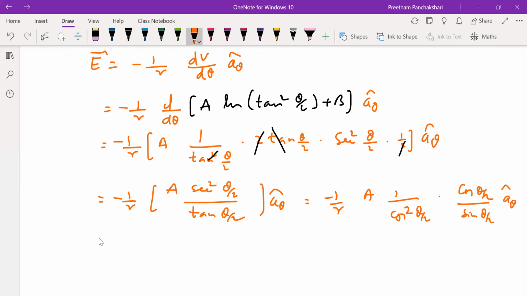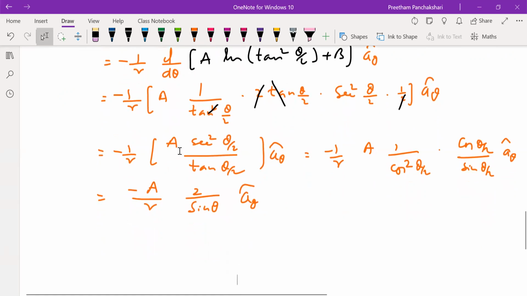You know what happens here, right? When the cos term is cancelled, the denominator is sine theta by 2 into cos theta by 2. That can be directly written as 2 by sine theta. That takes the value into the unit vector. This is what is our E.